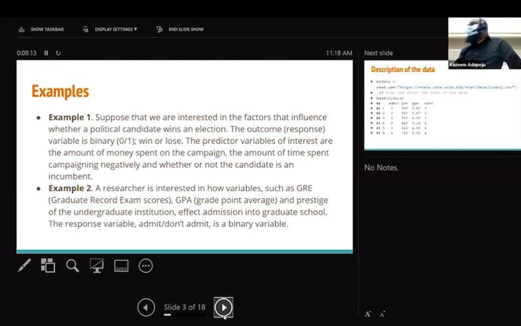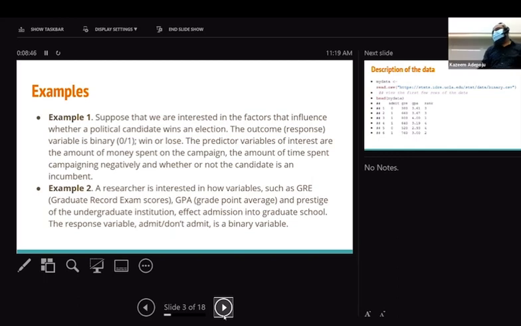We have a lot of factors that can guarantee election victory. So here we know the response variable is categorical. Of course, we have a good number of predictors: the money spent, whether it's an incumbent, or the amount of time this particular candidate campaigns negatively. Okay, that is one example of a logistic regression model.